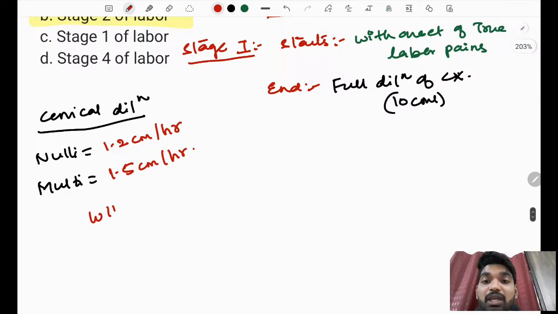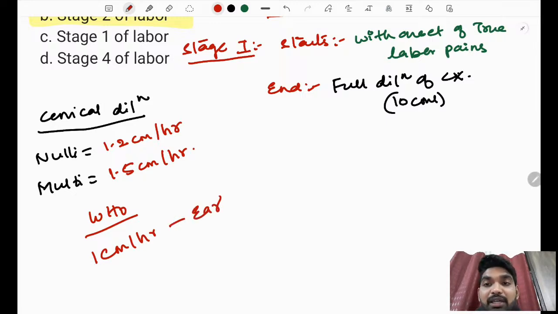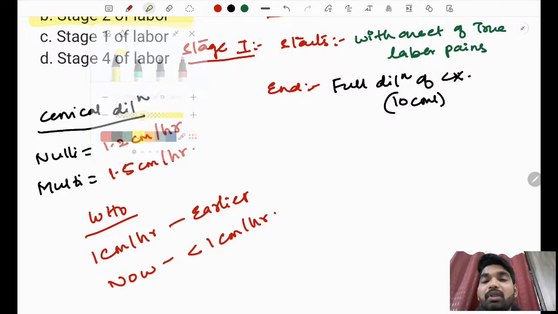But WHO says it is 1 centimeter per hour. Forget about nulliparous, multiparous. WHO says it should be at least 1 centimeter per hour. Earlier this was the case. Now WHO is saying it can also be less than 1 centimeter per hour. Forget about that, at least remember this one. All right.